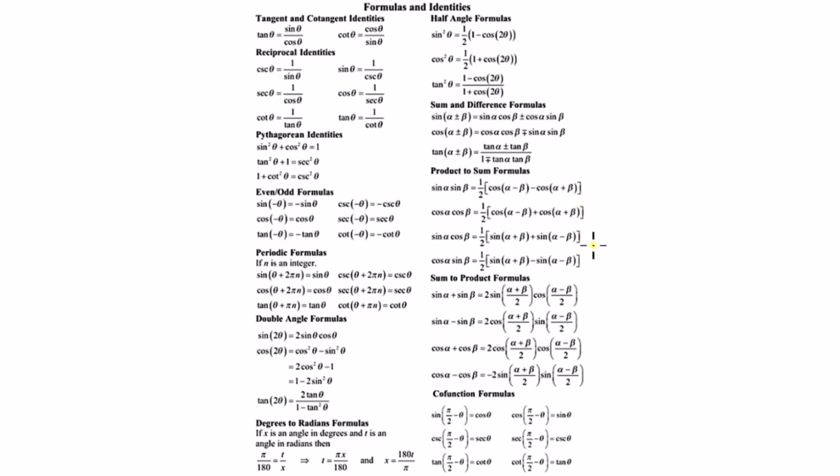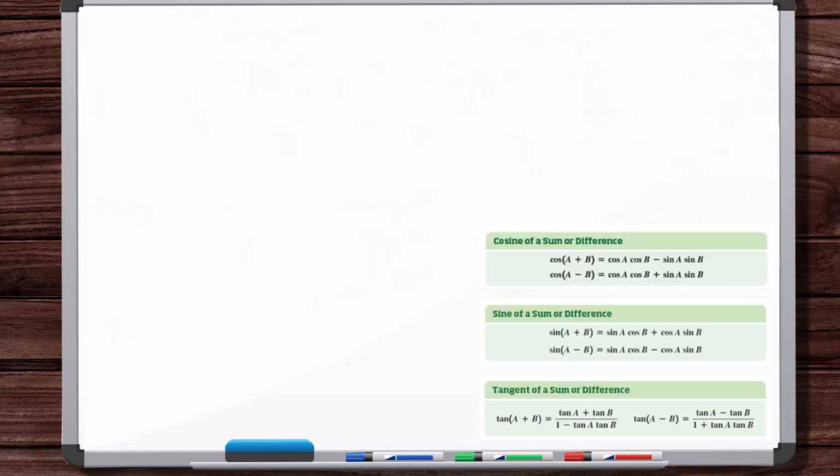How can we derive these product to sum identities? Let's bring up the sum and difference formulas, and we can start with cosine. Let's add the sum formula for cosine and the difference formula for cosine together.